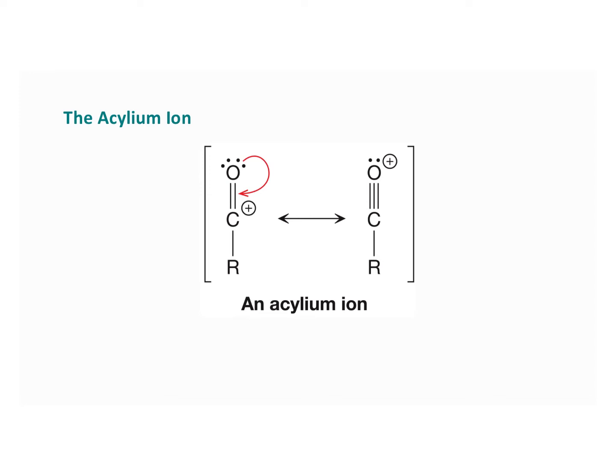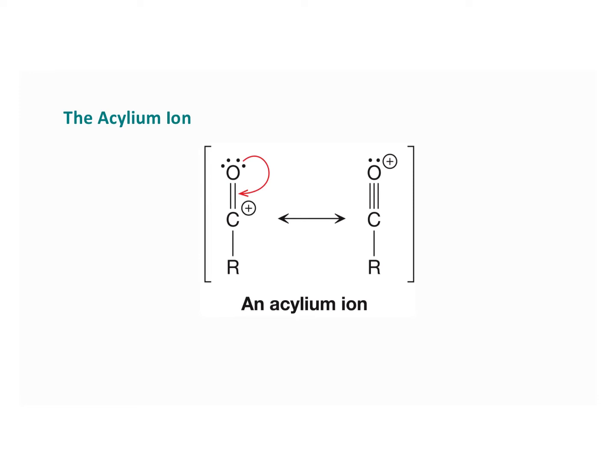It's resonance stabilized by the lone pair of electrons on that adjacent oxygen atom here. And so with that additional stability, the cationic electrophile can be produced and enter the electrophilic aromatic substitution. So the fact that this is resonance stabilized allows this reaction to go.